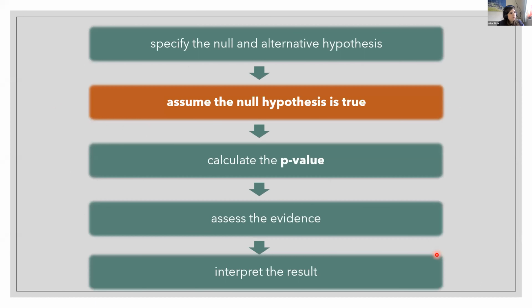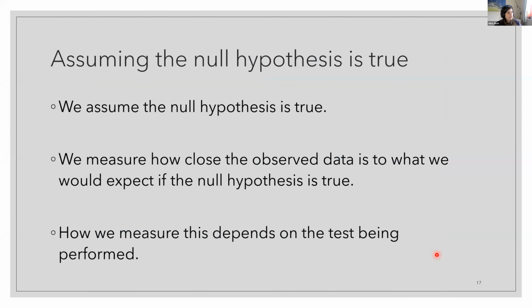So it's important to really know what our null hypothesis is, because we have to assume that it's true. That's the next step in actually carrying out our hypothesis test. So we assume the null hypothesis is true. We assume that there is no difference between our two groups. We have to use that assumption because we are comparing our data.